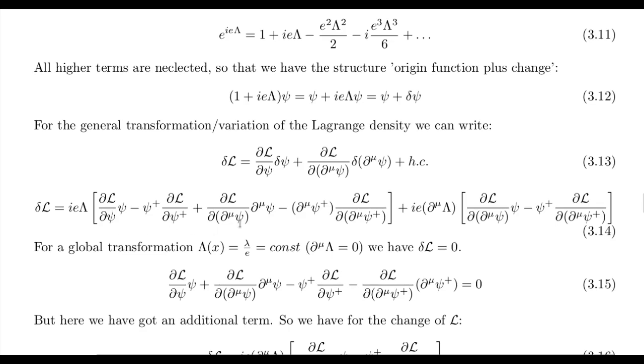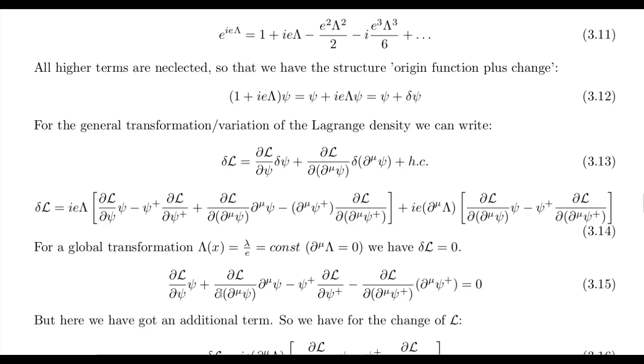This is a variation according to the generalized coordinates, the wave functions and the derivatives of the wave functions. And we now get an additional term which results from the space dependence of lambda. We know that this term would vanish.